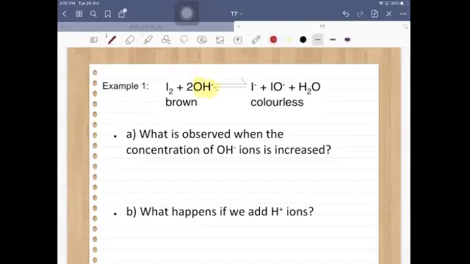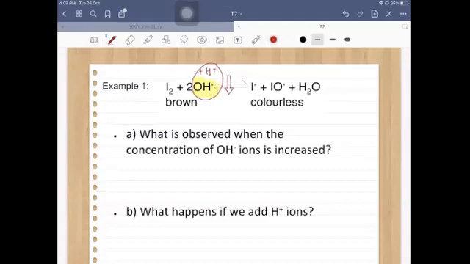So that means if you add H plus, it will react with OH minus. There are two ways of seeing this. OH minus reacting with H plus means OH minus is being used up. So that indicates a decrease in hydroxide ion.